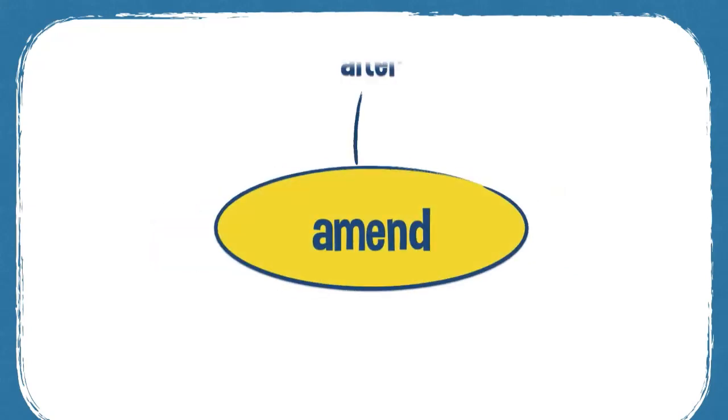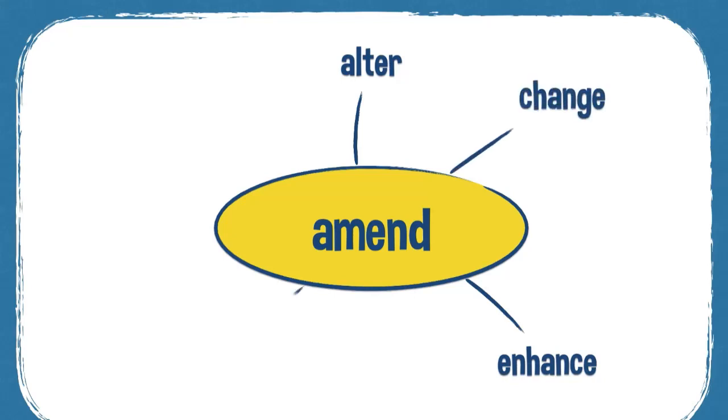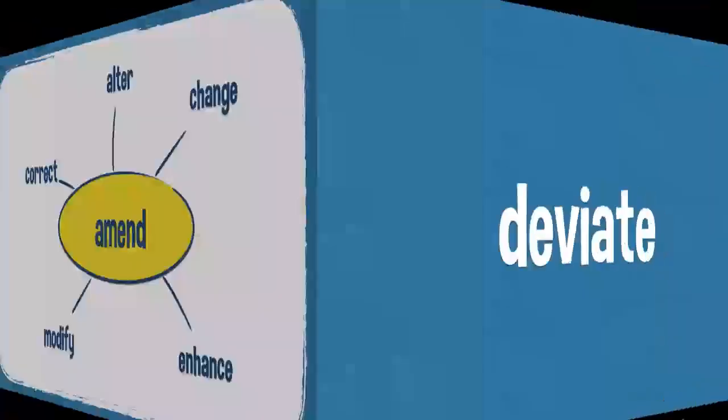And it's a verb, so you can have amends, amending, amended, and the noun form is amendment. And some synonyms: alter, enhance, change, modify, correct. And here's the next word, deviate. If you deviate from something, you start doing something differently or unplanned, and especially in a way that causes problems for others.